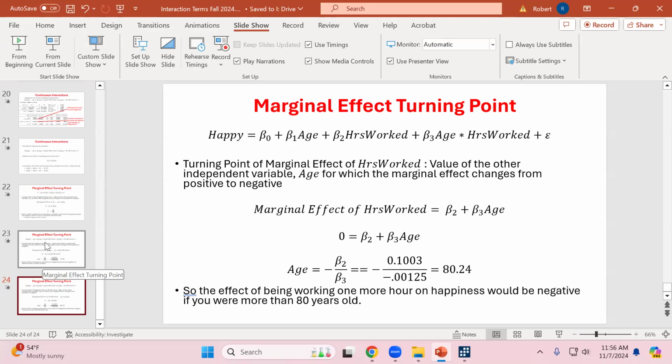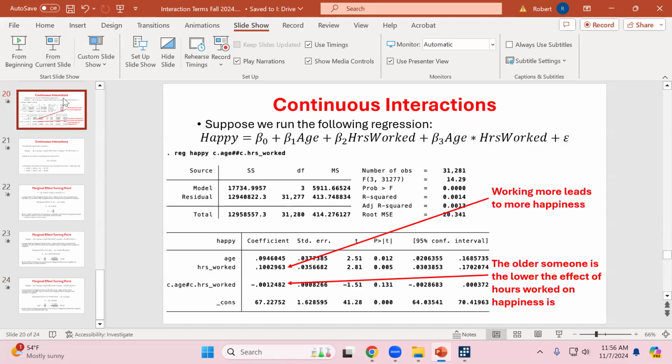So I think this was, let me grab these values, 67.7. This was 0.0946, 0.1003, negative 0.0012. So let's say I want to make predictions for happiness for someone who's 30 years old and they're working, I don't know, 50 hours a week.